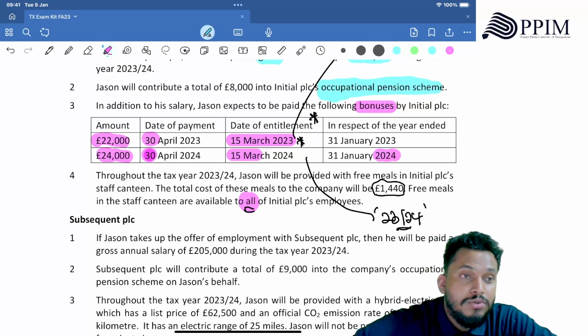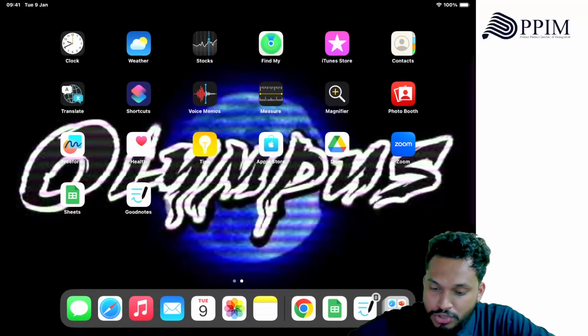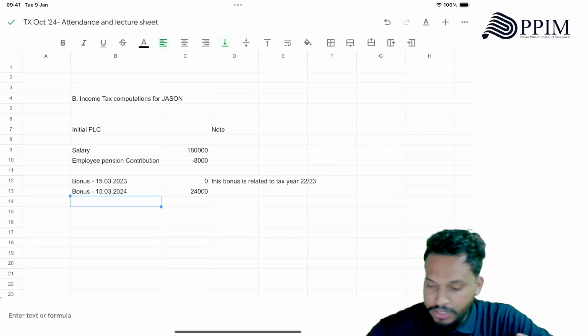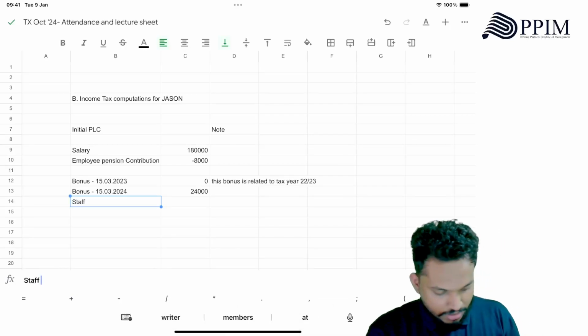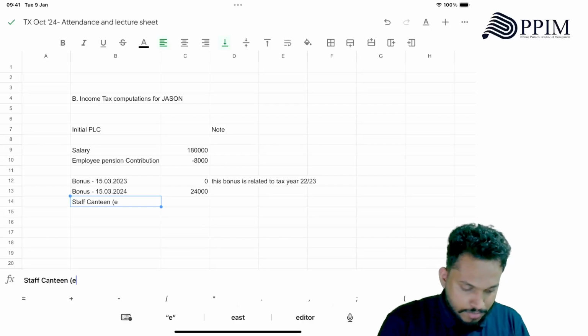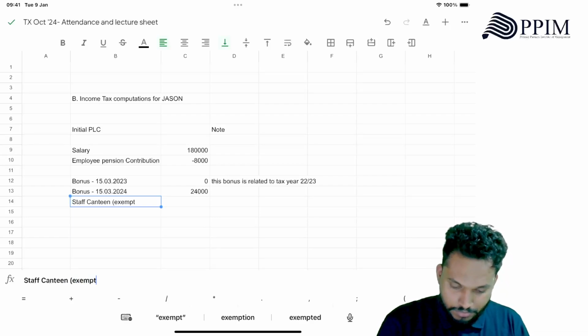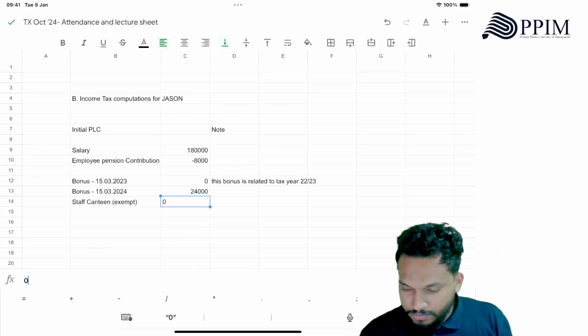Under which heading you studied? Under employment income. This is an exempted benefit. So you need to show that in your calculation, saying that staff canteen, I would say it is exempt. It is exempt. Okay, so make it 0.